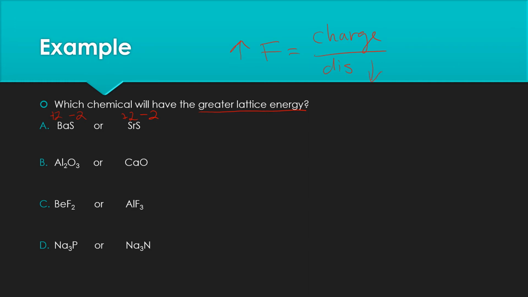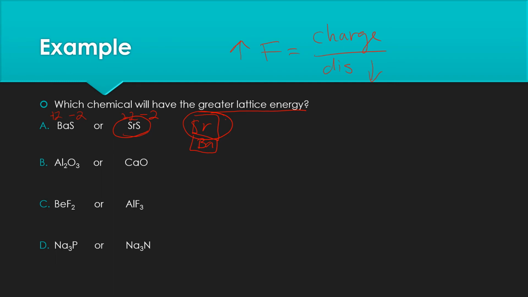So barium and strontium are in the same group. And if we look at their location, we've got strontium over barium in group 2. So strontium is smaller in radius, so it will have the greater attraction between those ions.